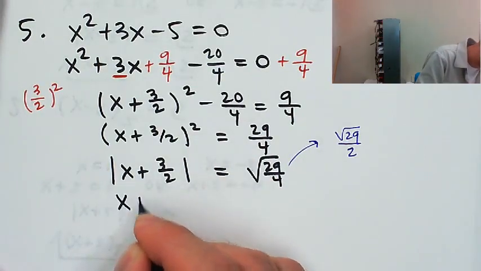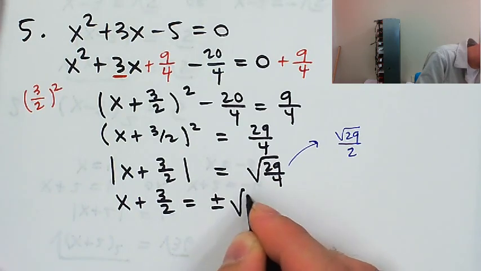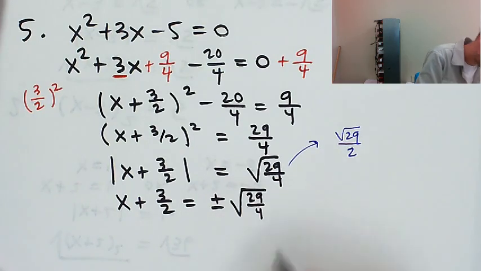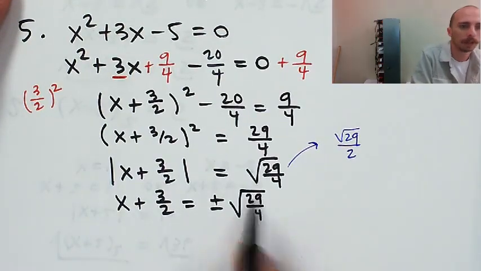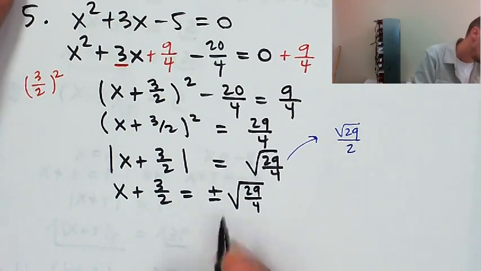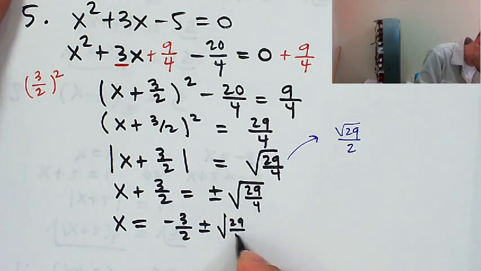So I've got x plus 3/2 equals plus or minus the square root of 29 over 4. Right? Because the absolute value equals that square root, so the number itself has to be plus or minus that. All right, and then x equals negative 3/2 plus or minus the square root of 29 over 4.